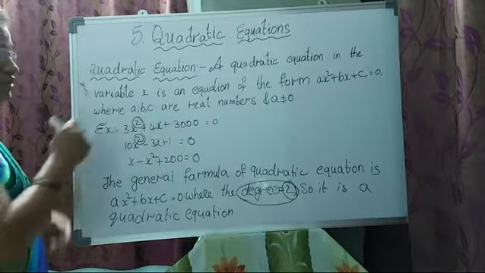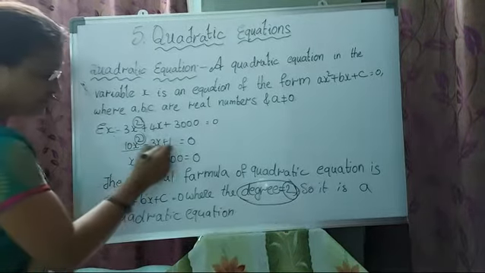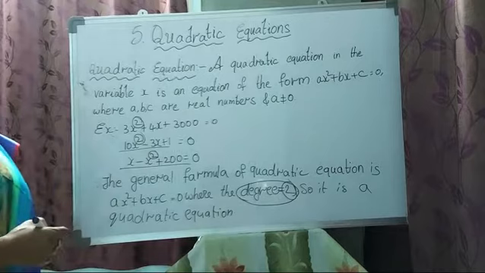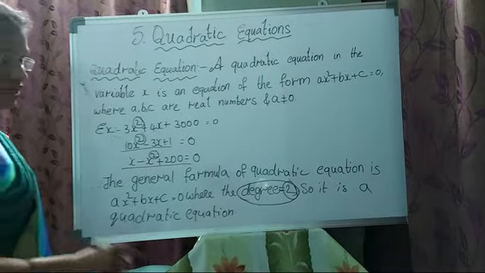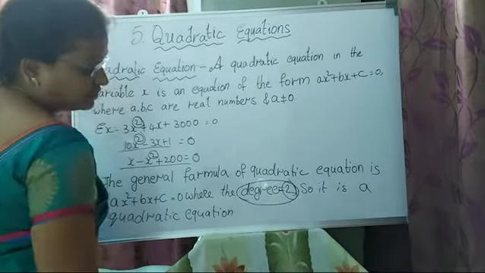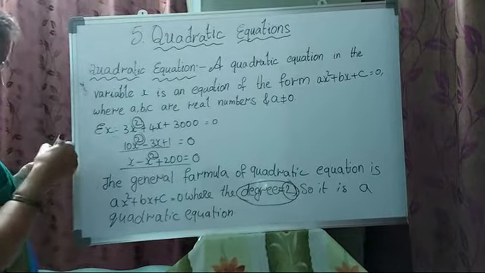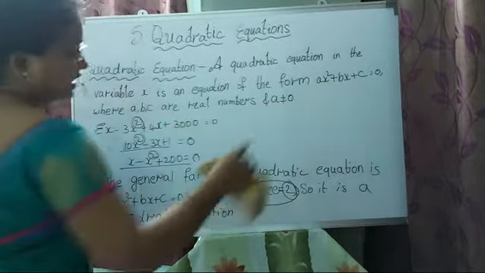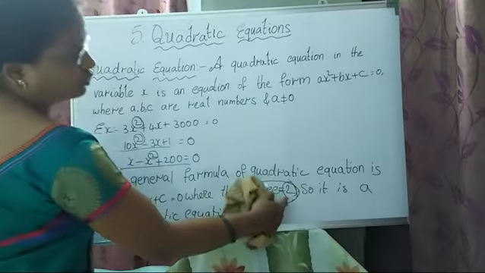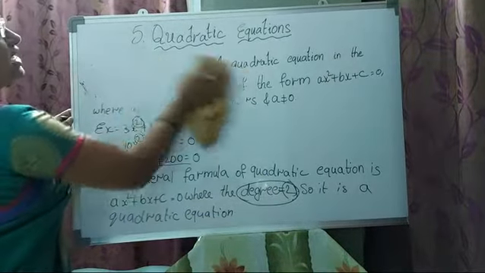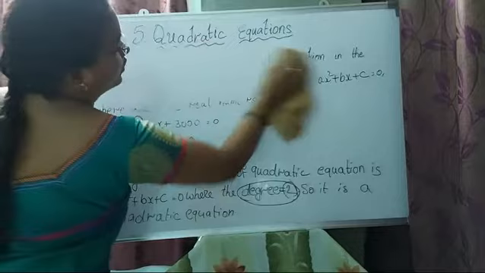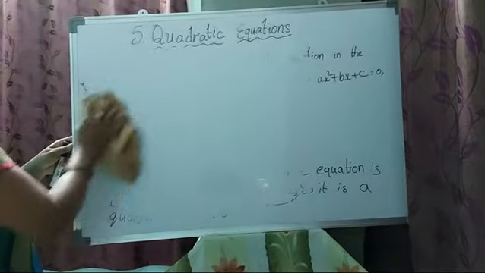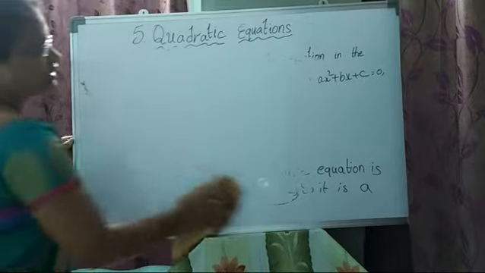Here the highest power is 2, here also 2, and here also 2. That's why we call it a quadratic equation. It should be in the form ax square plus bx plus c, and the degree should be 2. Then we can say it is a quadratic equation, when it is equal to 0.